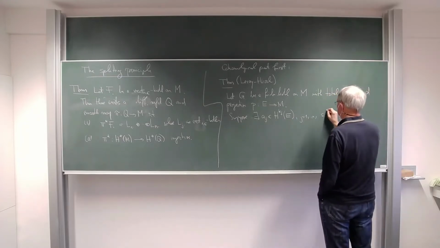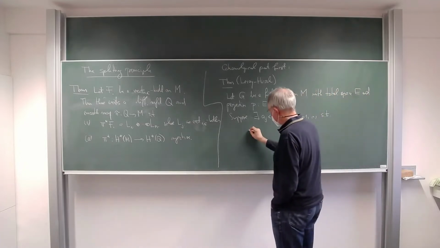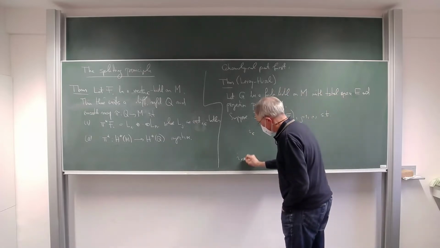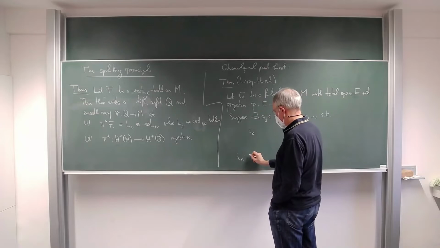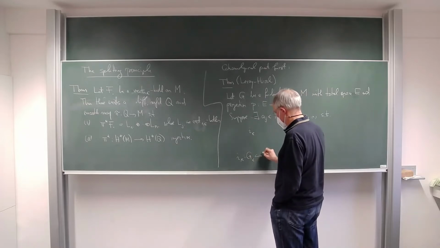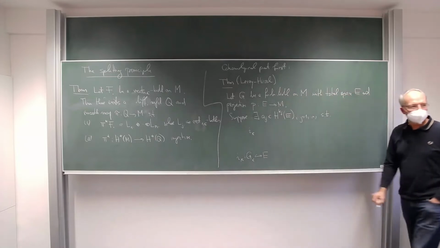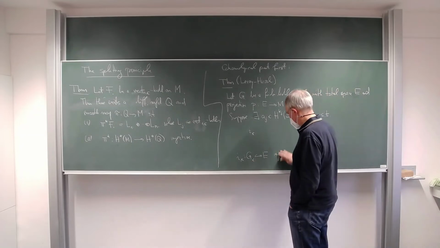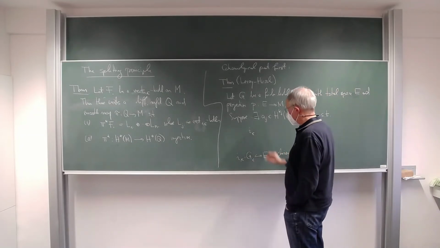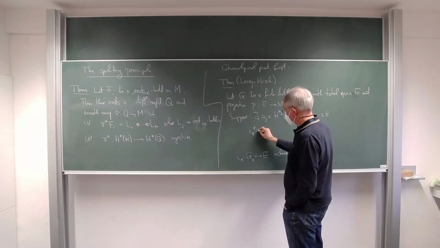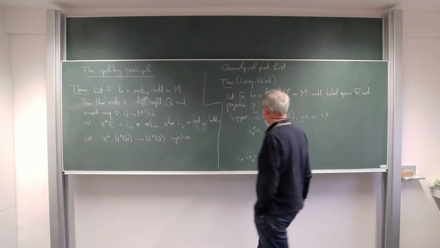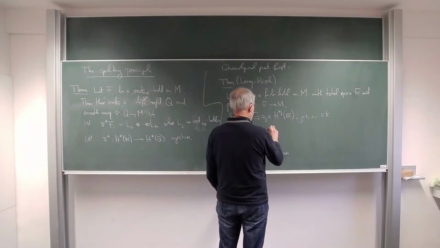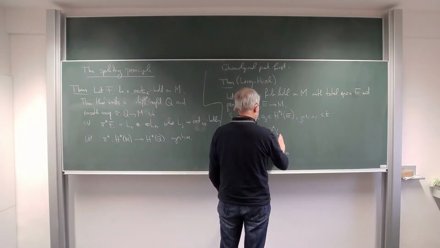So such that, if I_x is the inclusion of the fiber at the point x into the total space. Remember, the total space is just a disjoint union of fibers. So let's look at this inclusion map. And now I can pull back these cohomology classes to the fiber. Then these give me cohomology classes of the fiber.